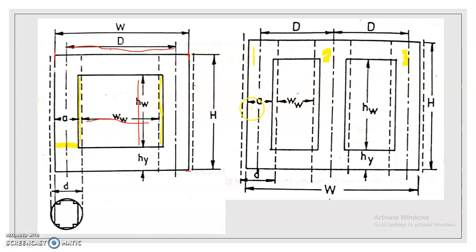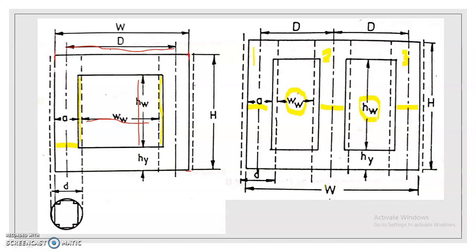So here you can see A is defined, and the other limbs also have width A. But because it is a three phase core type transformer, two separate windows appear here, with the same indications WW and HW. Height of the yoke is HY, and total width of the core is capital W.